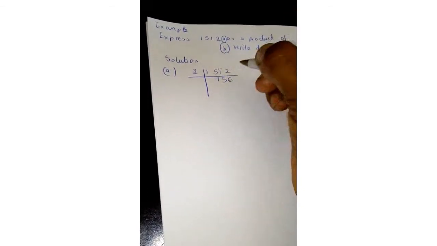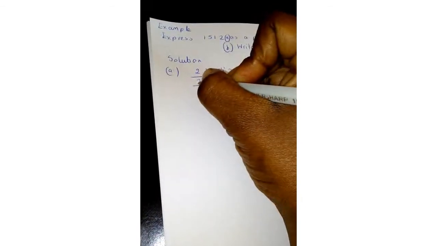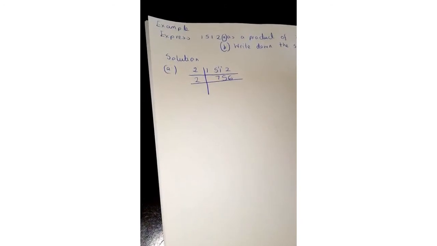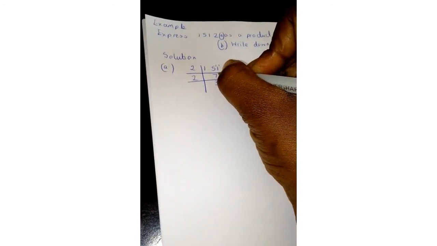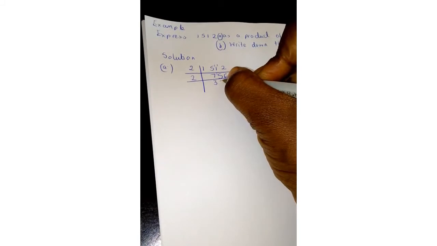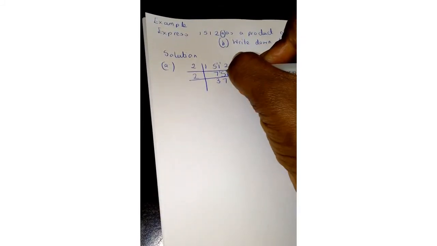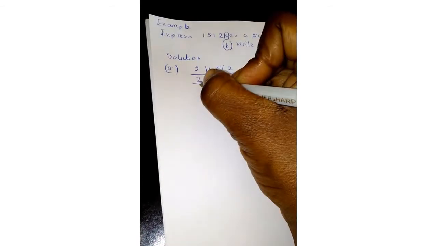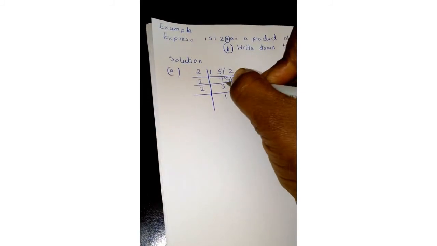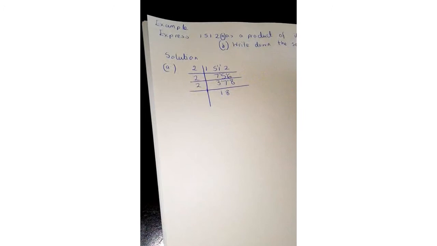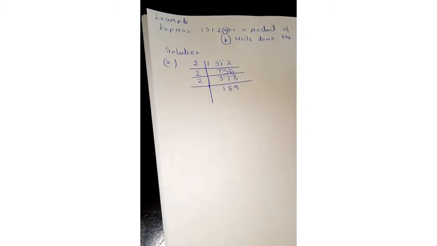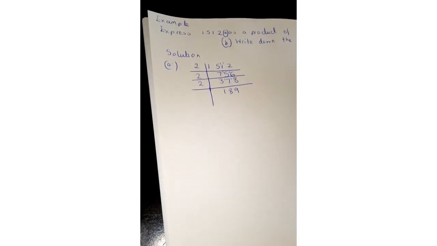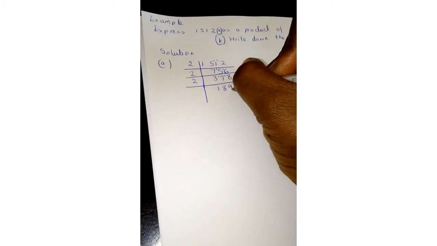Then 2 into 12 is 6. Then next we try again, 2 into 756: 2 into 7 is 3, remainder 1, 2 into 15 is 7, remainder 1, and 2 into 16 is 8. Then we try again: 2 into 3 is 1, remainder 1, 2 into 17 is 8, remainder 1, 2 into 18 is 9. Then 2 will leave a remainder.